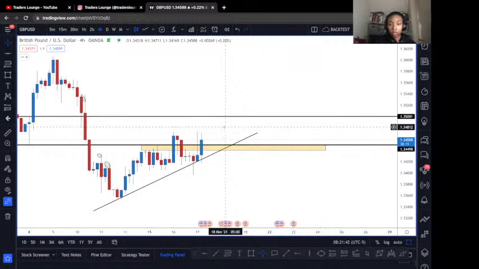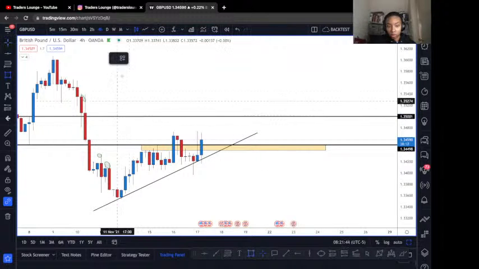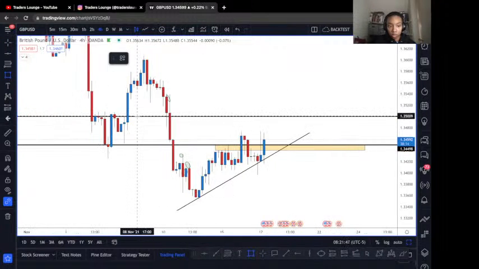Now, honestly, if we put this 135 area up here, we don't necessarily need to have that zone up there.